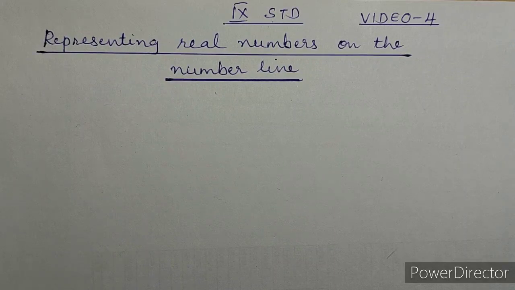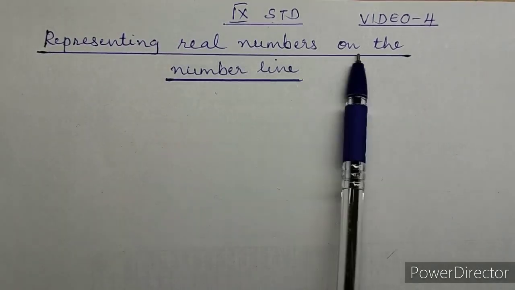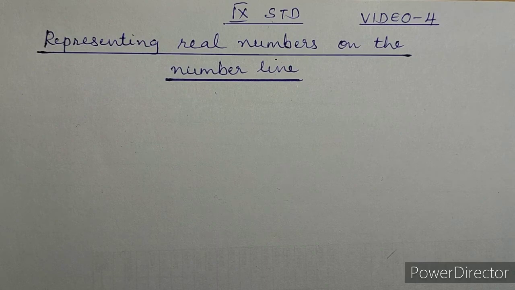In the previous video, we learned how to represent an irrational number on the number line. Now we are going to learn how to locate real numbers on the number line. In the last section, we have seen that any real number has a decimal expansion, so we can use it for locating a decimal number on the number line.